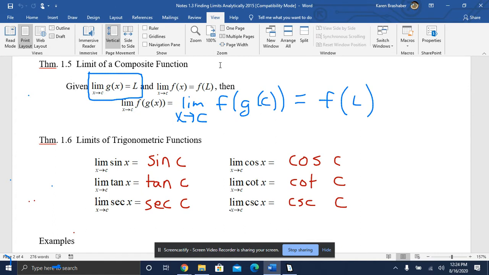I do want you to know your trig functions. I want you to know the basic four. So 0, pi over 2, pi, and 3 pi over 2. I want you to know all the trig functions of those basic four angles, as well as the angles that are in between.